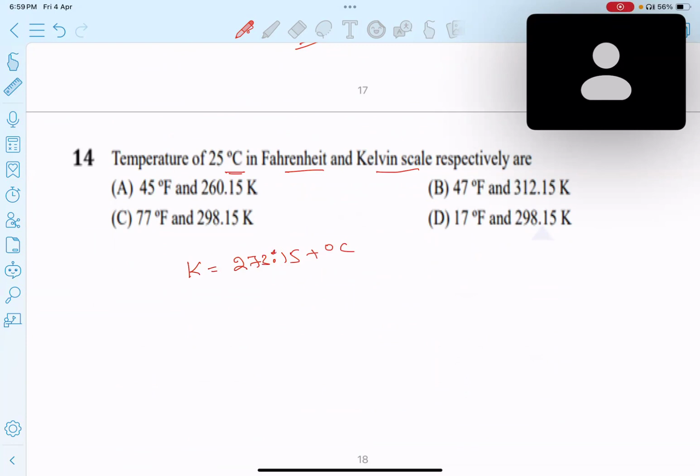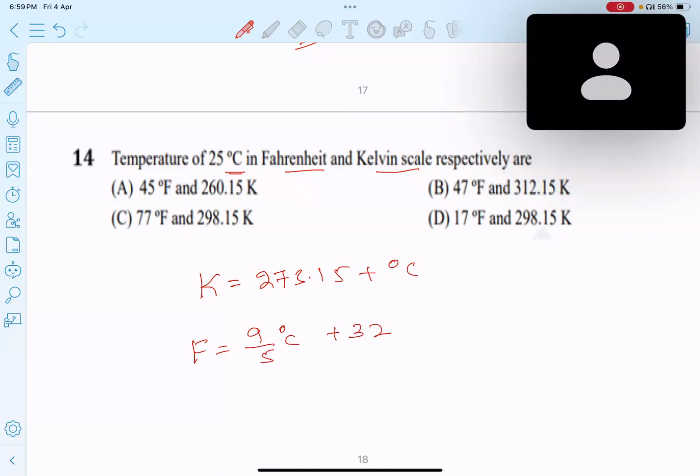The relationship between degree Fahrenheit and degree Celsius is Fahrenheit is equal to 9 by 5 into degree Celsius plus 32.